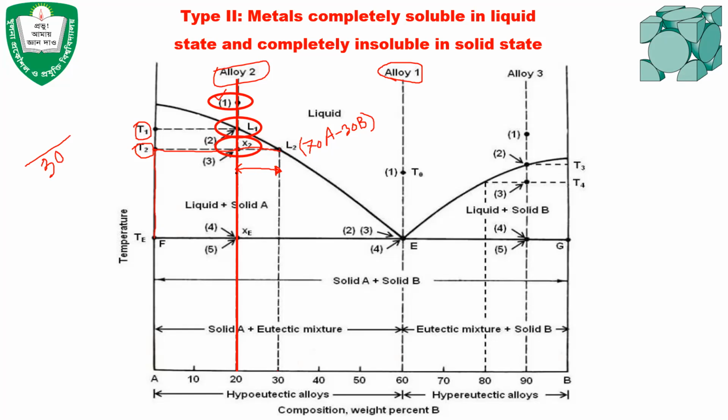Up to this length will give us how much percentage of solid A has been produced at temperature T2, and this length will be 30 minus 20, and that will give us the percentage of solid at temperature T2.